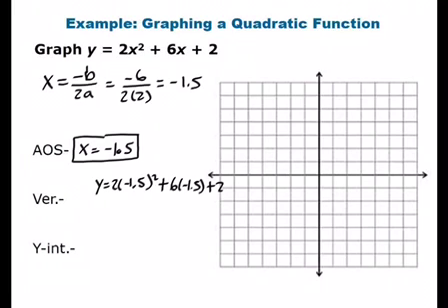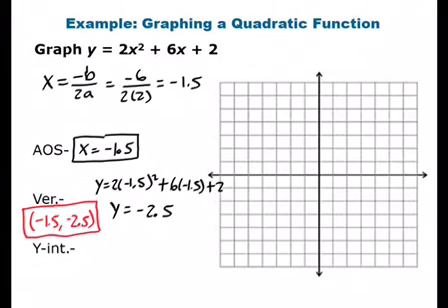And when we evaluate this, we should get our y value to equal negative 2.5. So that means our vertex in this case is negative 1.5, negative 2.5. So this is our vertex. And the last part of this is our y-intercept, which in this case is a positive 2, or we could say the point 0, 2.